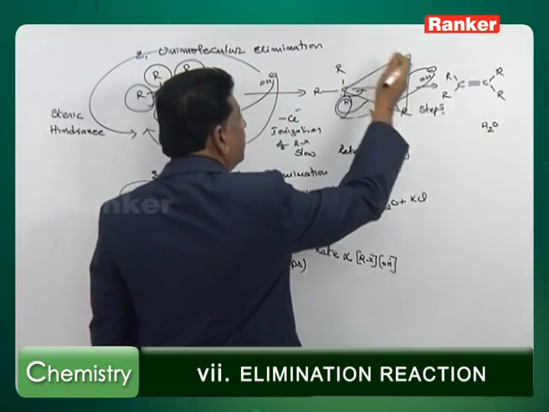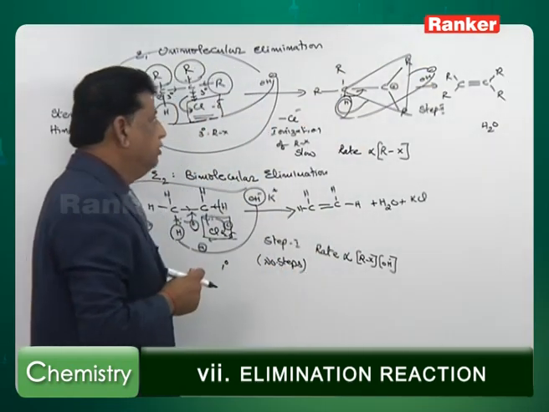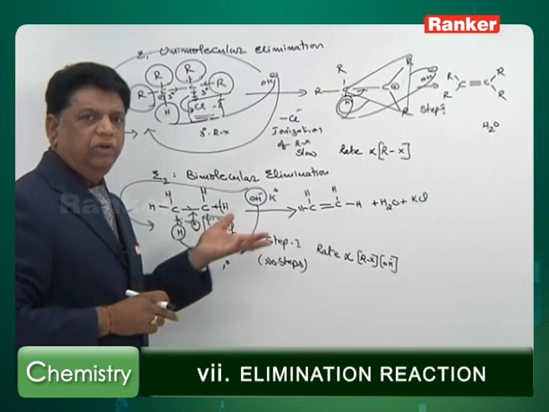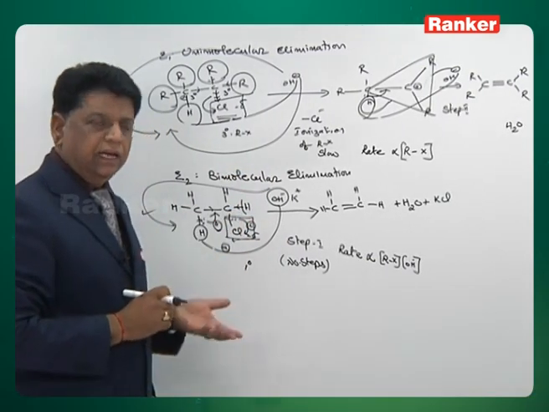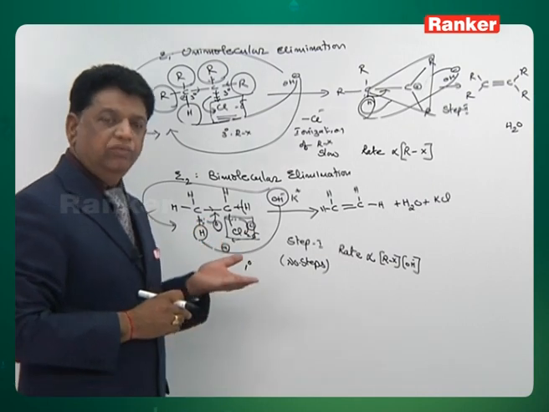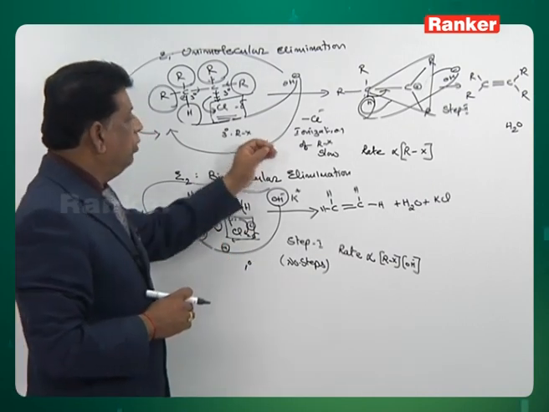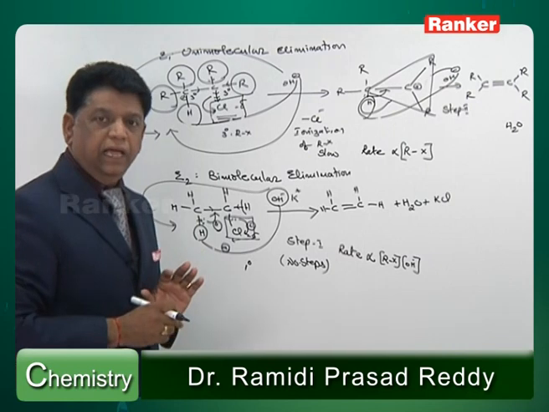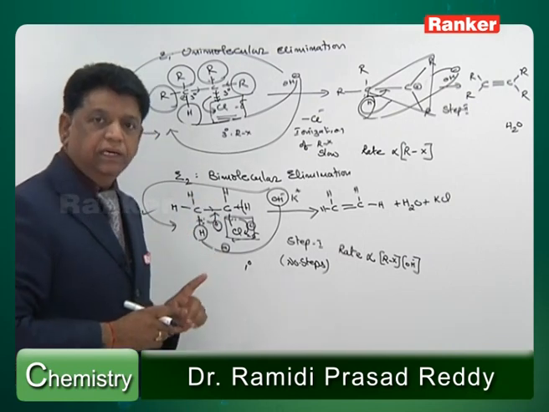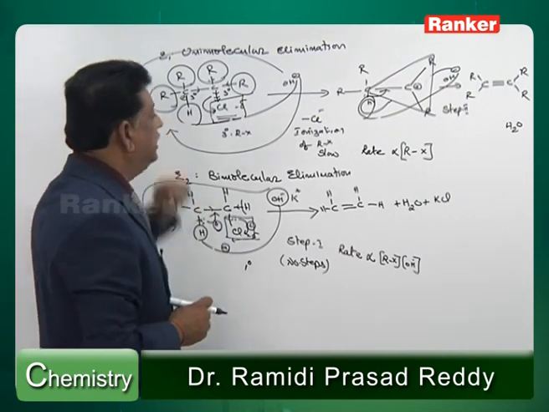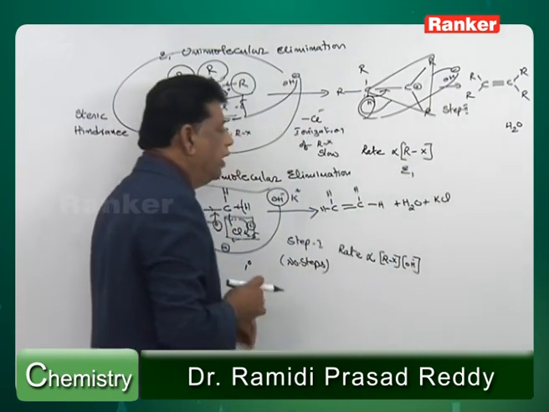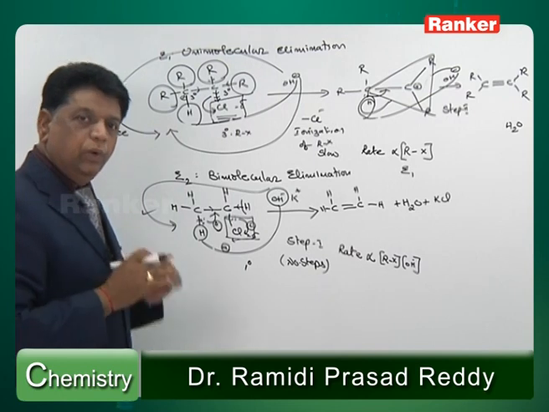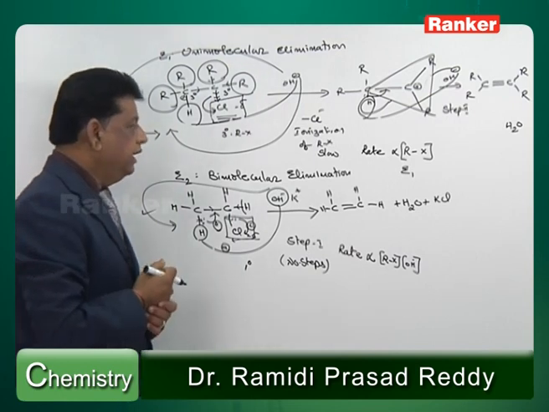OH minus is coming in the second step. Therefore, if we add a little more OH, you do not find an increase in the rate. So the rate is only dependent on the alkyl halide, that is, one molecule concentration only. That is why we call it an E1 mechanism. 1 stands for the one molecule concentration alone being the deciding factor, that is why E1.